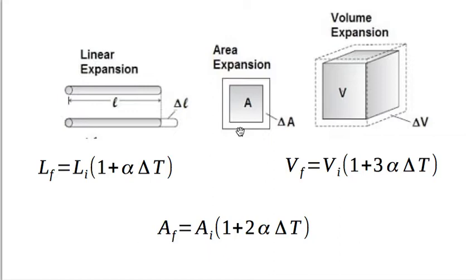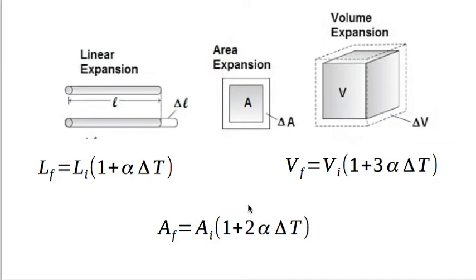Also, it can expand when you increase the temperature. And volume expansion, well, pretty much everything has volume. We should actually use this equation for all of these cases, but since you're not going to have so much of an effect on the width as you do on the length, which is pretty much the most important part for a wire, we focus on this equation.